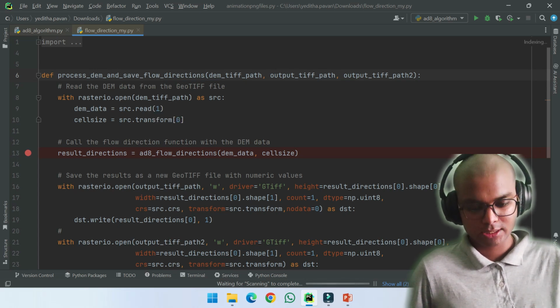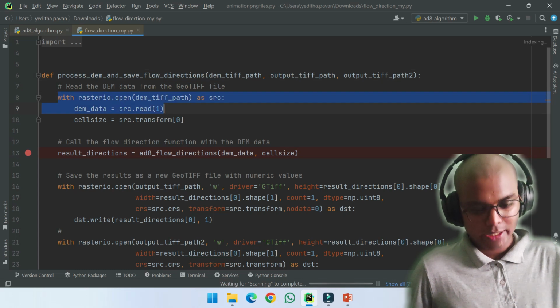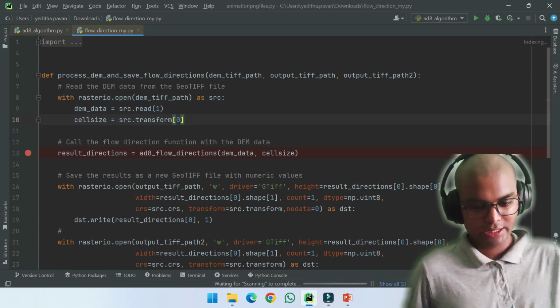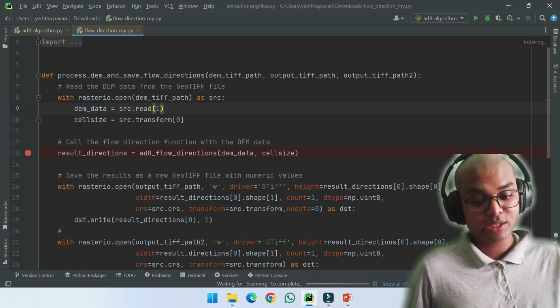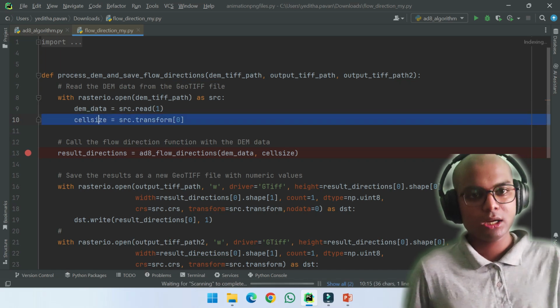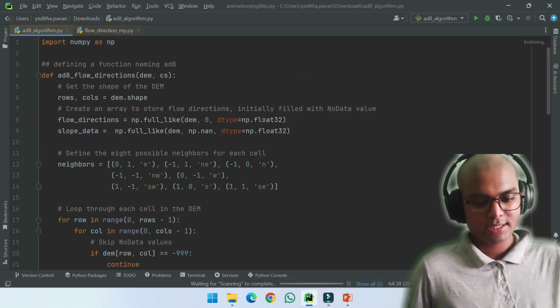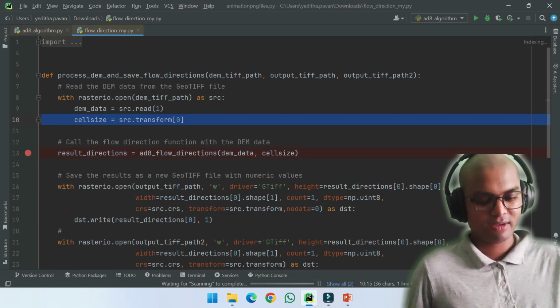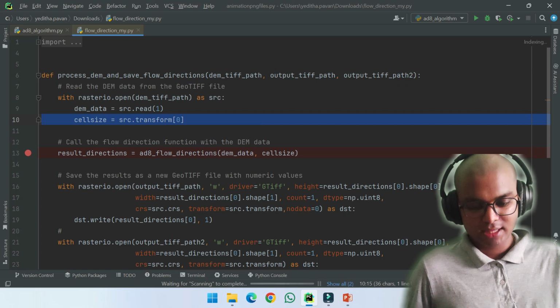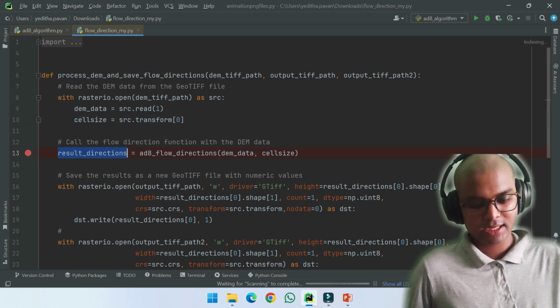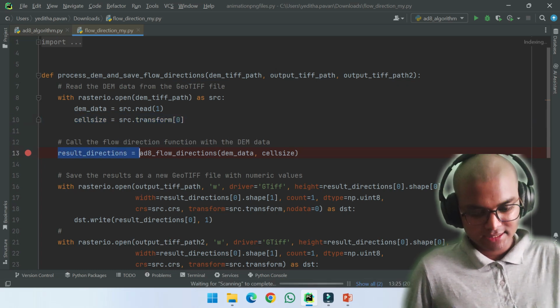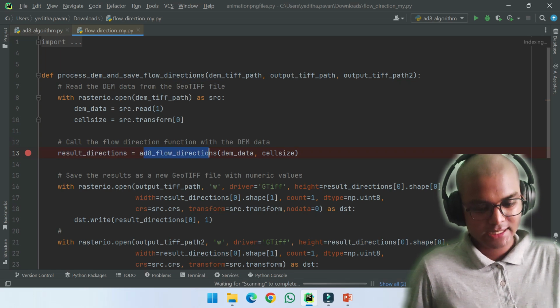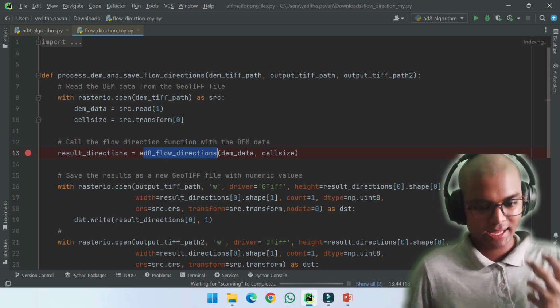So what I'm doing here is I'm asking my code to input the DEM data, read it and give the cell size. If you remember in our previous code here, CS is the cell size which we are asking it to give. So that is the reason why we are asking it. And then I'm saving the result into result directions, and this is the function which we created just now to do the AD8 algorithm.